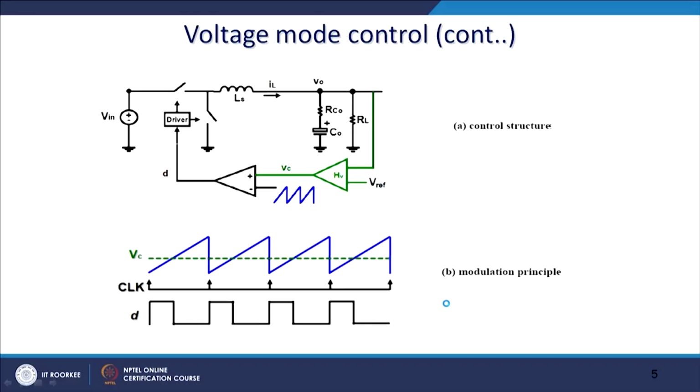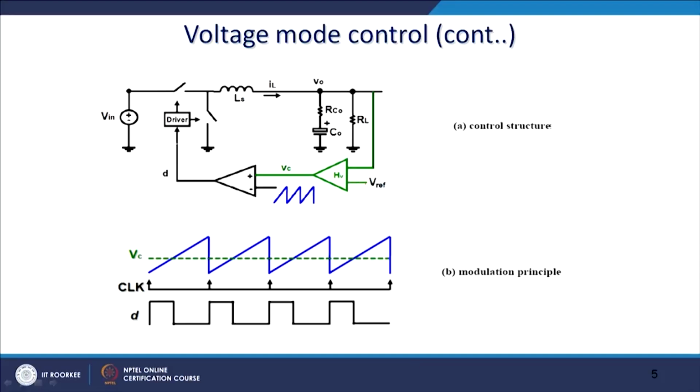So, for this reason, to work in a finite, stable manner, we require at least one pole and two zeros. These are the requirements from the stability point of view for voltage mode control. Now, this is the principle of operation of voltage mode control.